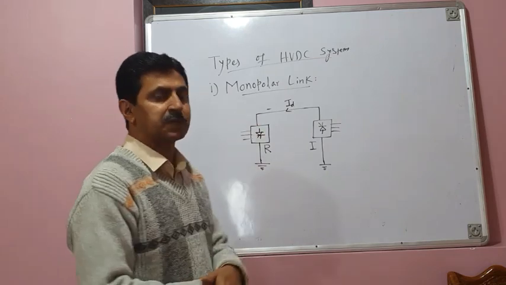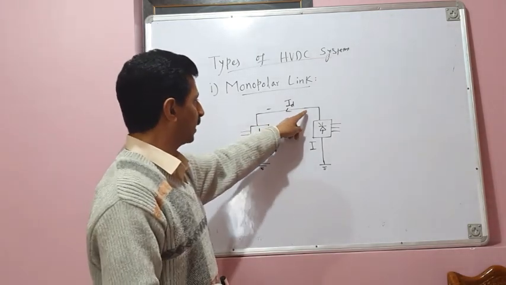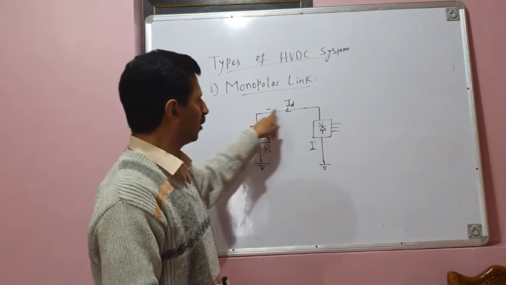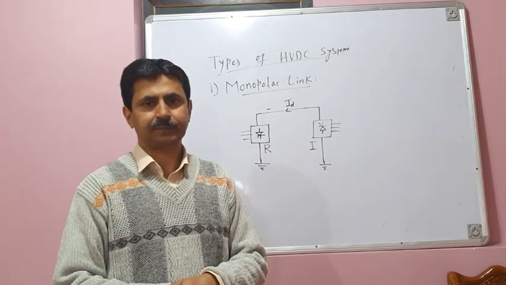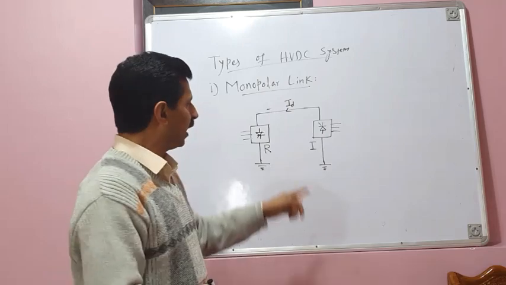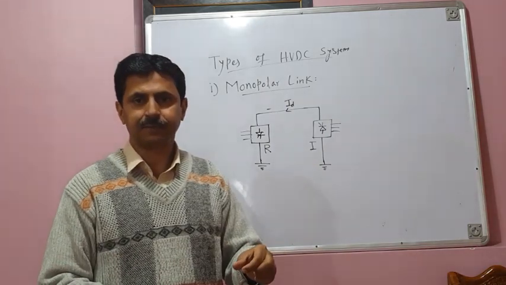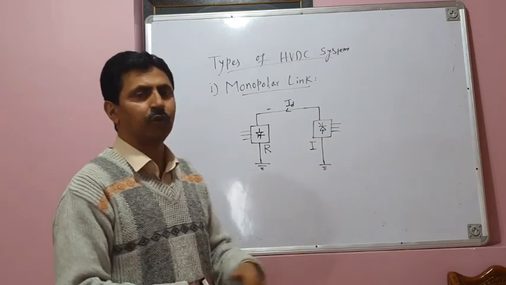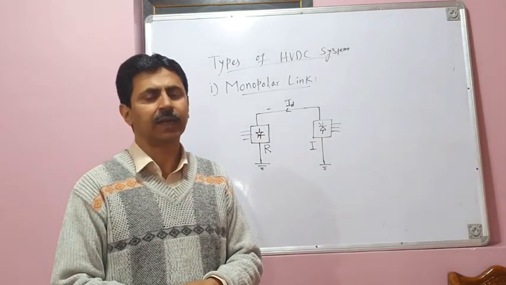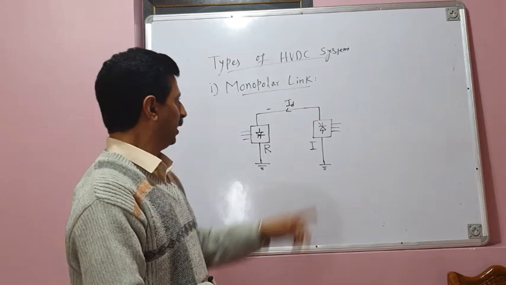Now it's a monopolar link because it comprises of only one conductor or one pole, and this pole is usually of negative polarity, with ground or sea used as the return path. You can see in this case ground is used as a return path. Only one conductor or one pole is used.